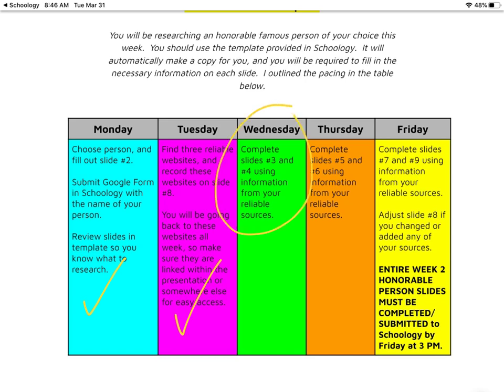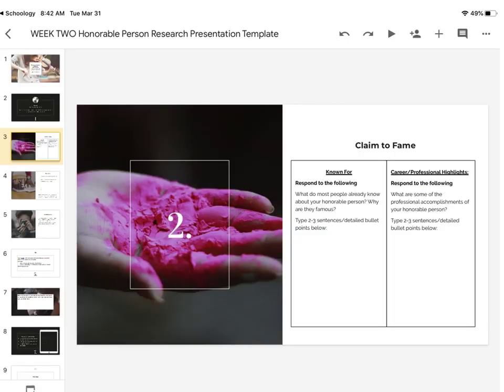Looking at Wednesday, you should complete slides 3 and 4. You should be using your websites that you linked into slide 8 to find your information. First of all, you want to type in the claim to fame, 2 to 3 sentences below. What do we already know about your honorable person and why is that person famous?